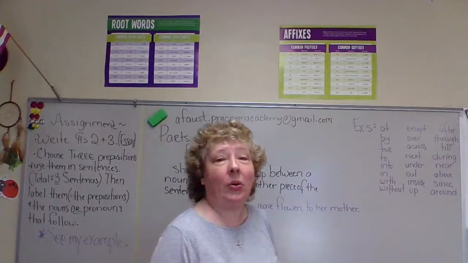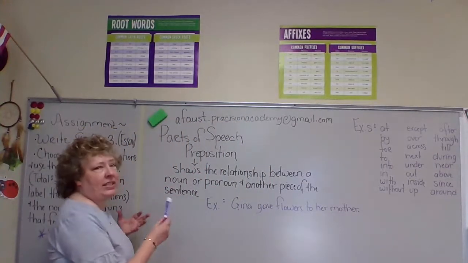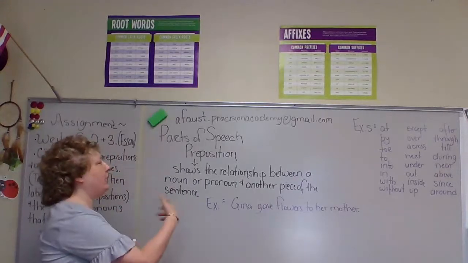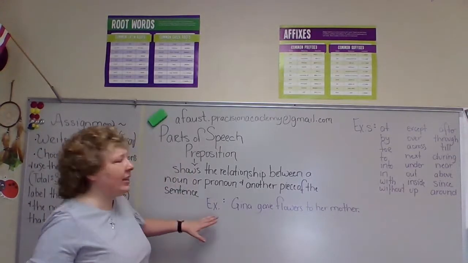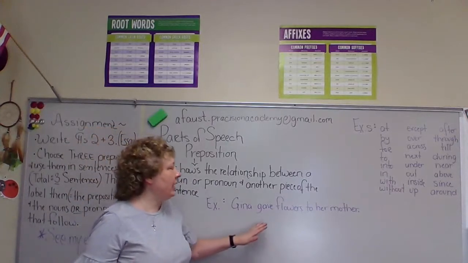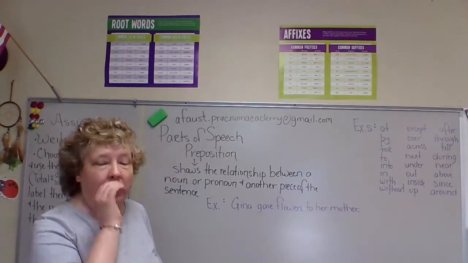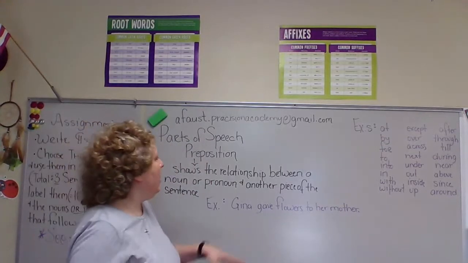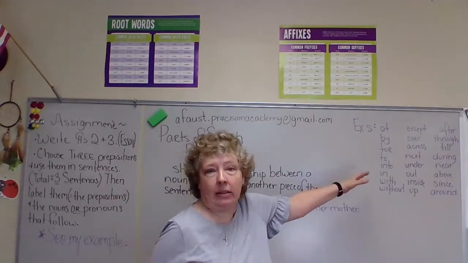Okay, so let's come over here. So our definition says it shows relationship between a noun or a pronoun. All right, let's do this. So we have an example, a sentence. Gina gave flowers to her mother. Everyone's fine with that sentence? Which word is the preposition? So come on over to this side.